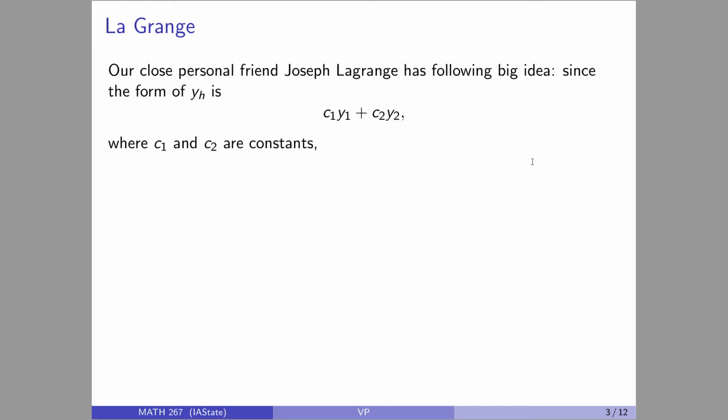So here's his idea. Look at y sub h. Y sub h is a linear combination of two functions, y sub 1 and y sub 2, where c1 and c2 are constants, and y1 and y2 are linearly independent. Now something that we've seen before is, hey, let me take that constant and turn it into a function.